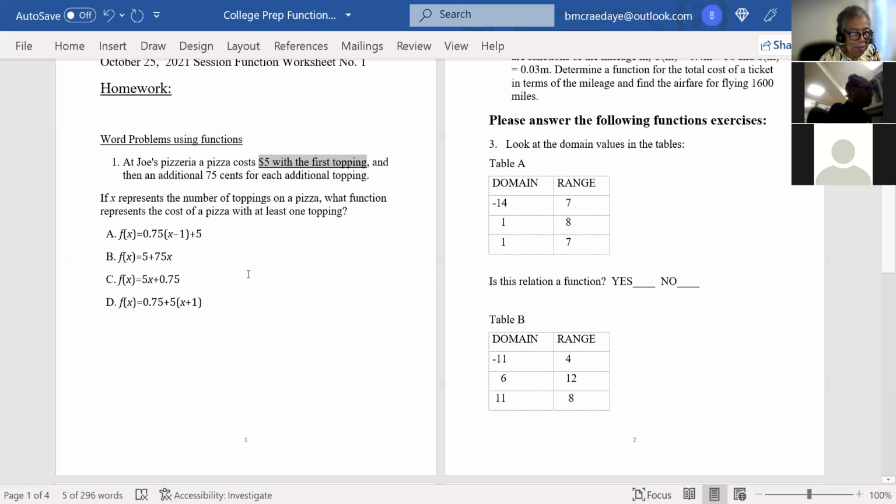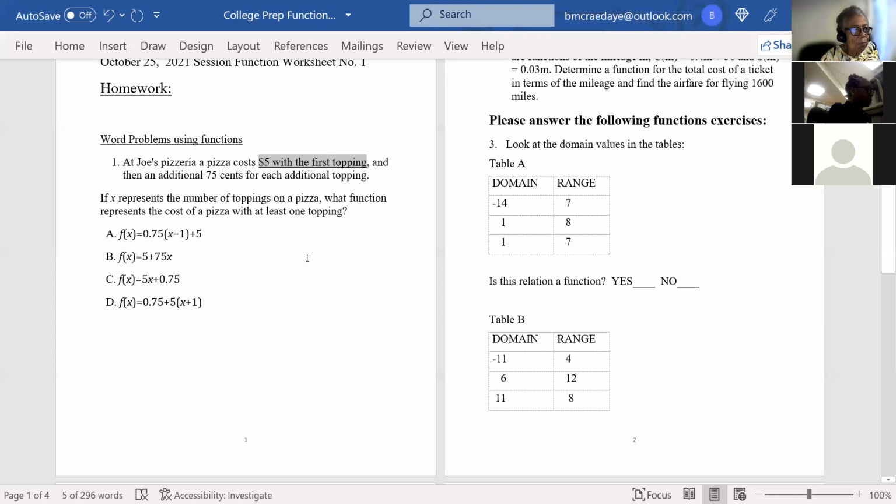Latoya, you following? You've already got one topping along with the $5. So it says at least one topping. If you had two toppings, how much would you pay? What would be the total cost of the pizza if you had two toppings total?